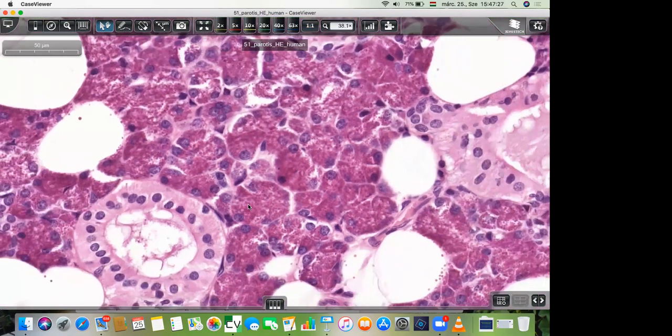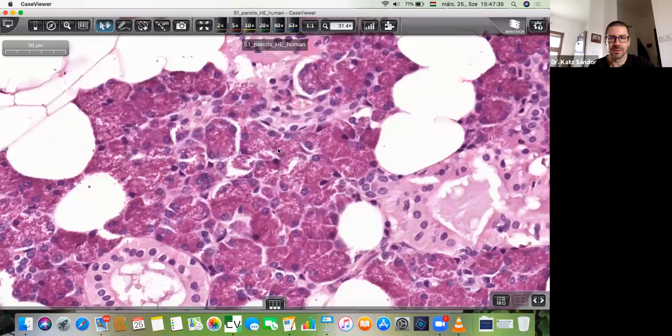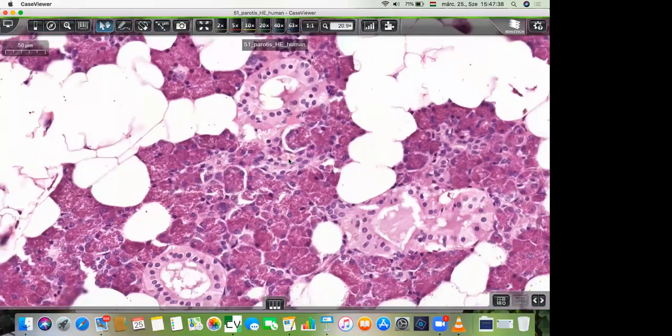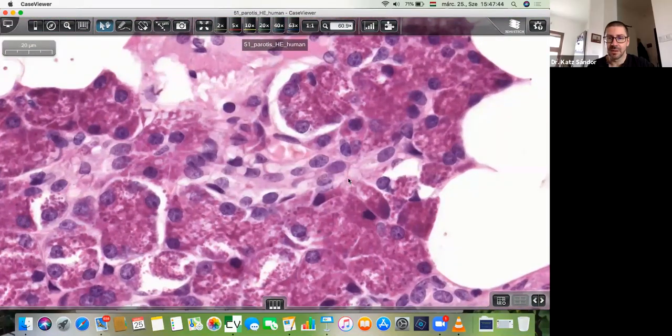Dr. Katz, yes? A few seconds ago you showed us an intercalated duct. You said it was a longitudinal section of it. Here. How did you look at it and know straight away that it was an intercalated duct? The color, the staining, it's more eosinophilic, you see? So they are darkly stained structures. These are the acini.